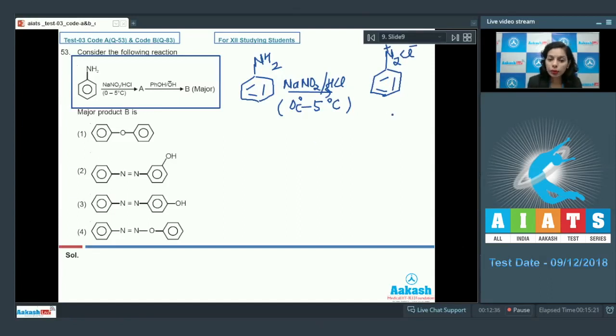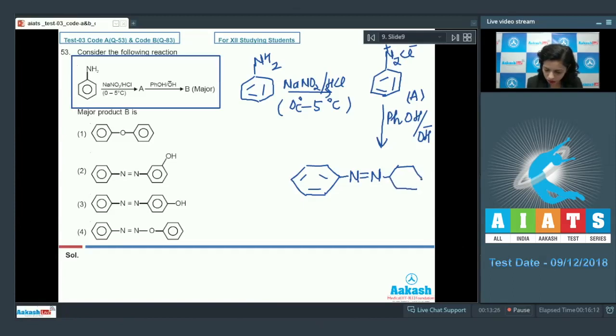This is the product A, and when this product A reacts with phenol in basic medium, there is the coupling reaction, and that coupling reaction results in the formation of this product.